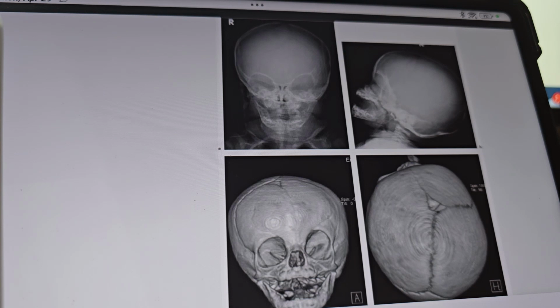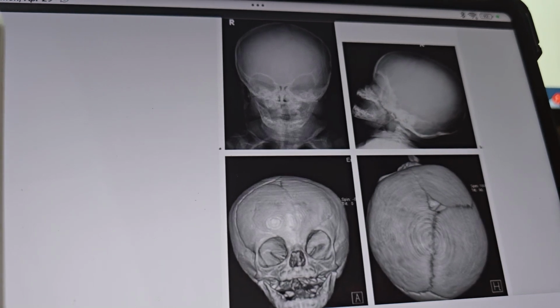And here we can find a unilateral coronal suture permanent closure, and you can appreciate how the face looks on the CT scan.